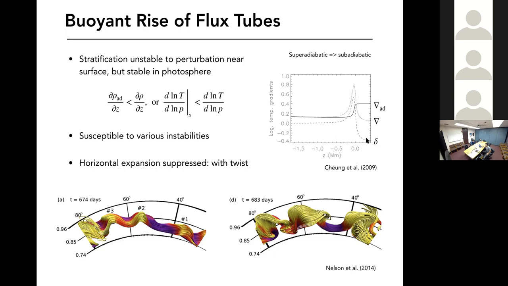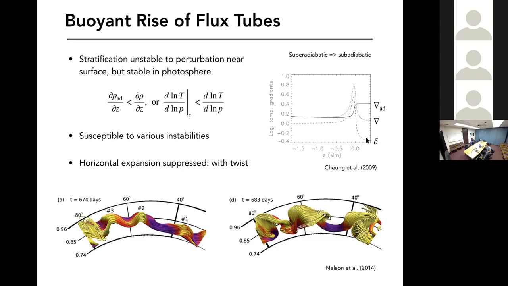That means that once the flux tube reaches the surface, it is stable. You need some other mechanism to make it break through the surface. So it is natural for the flux tube to rise in the convection zone, but it is not natural at all for the flux tube to actually break through and emerge into the corona.